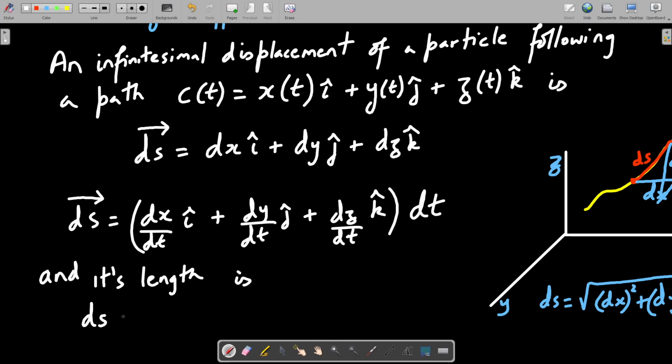Length is going to be a scalar value. So this is going to be, okay.